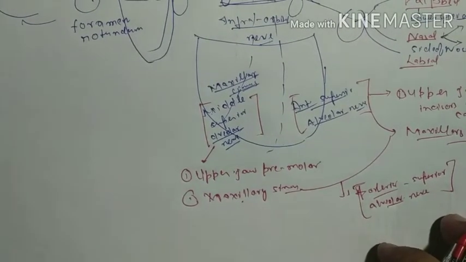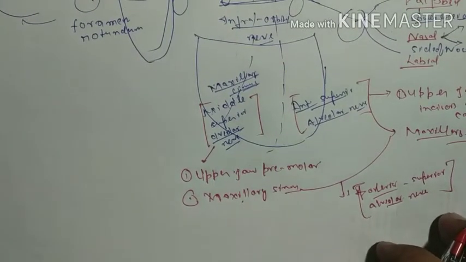The posterior superior alveolar nerve basically gives branches to the dentine.